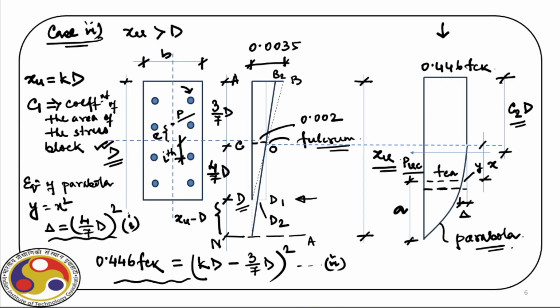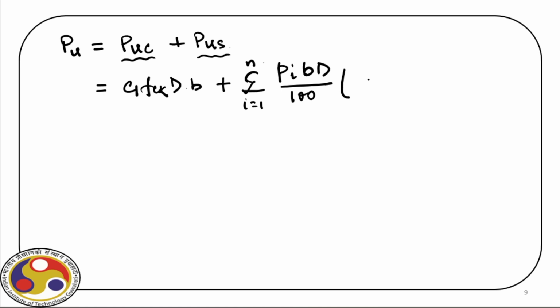And then times the stress, which is FSCI minus FCI. We can write it, say, FSI. So this is the stress in the rebar at the ith layer, and at the corresponding layer we can identify the stress in concrete. Remember, we have to identify this from the strain diagram. We'll do that in a minute. But now we have quantified the ultimate capacity of the section, which is given here.